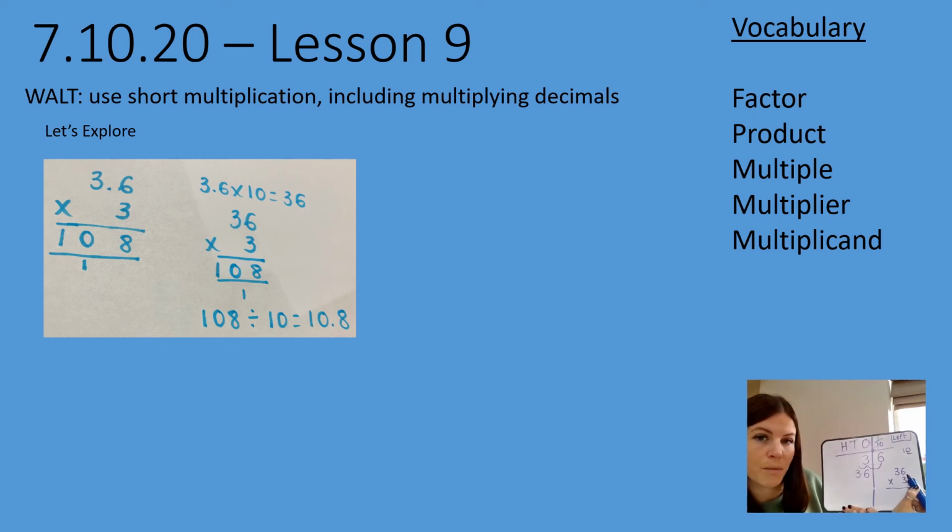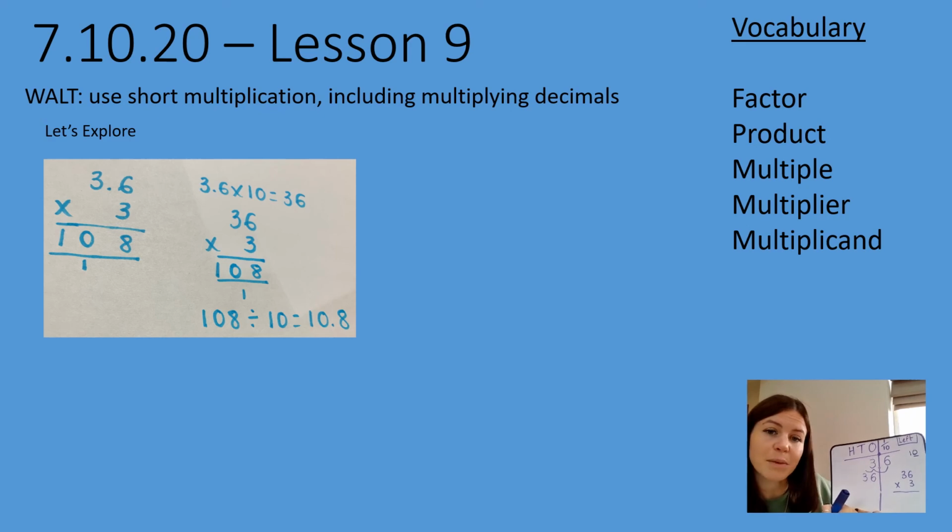I always start in my ones column. 6 times by 3. So I might count up in my 6s or actually my 3s. So 6, 12, 18. That's because I'm confident in my 6s. If you decide, actually, I'd rather count in my 3s, then you will count in your 3s 6 times. So 6 times by 3 is 18.